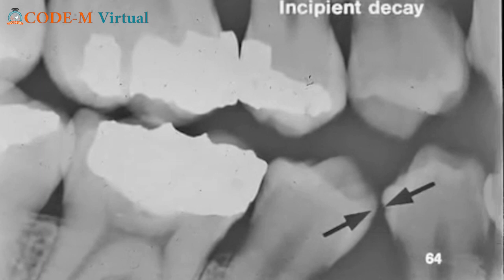But the distal side shows a very initial stage of the caries, so it can be an incipient lesion in this distal area, and the other arrow on the mesial surface of that tooth can be a carious lesion because it has gone a bit deeper.